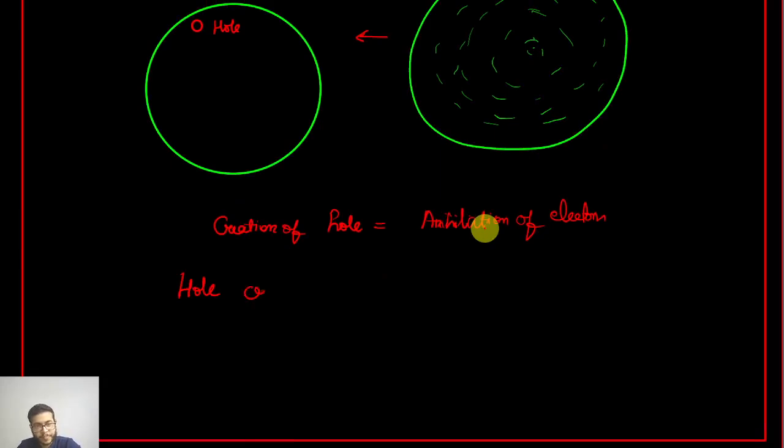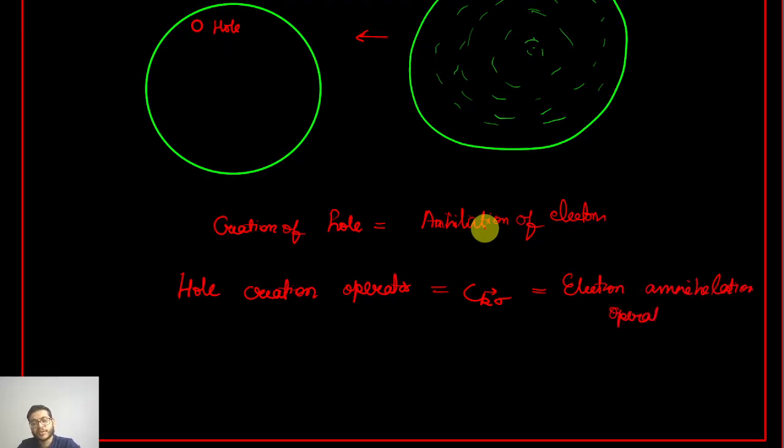The hole creation operator will be c_k sigma, because it is the electron annihilation operator. So why are we interested in holes? Because the excitation of a system can also be hole-like. Removing an electron will also excite the system, just as adding an electron does. So the excitation can go both ways.